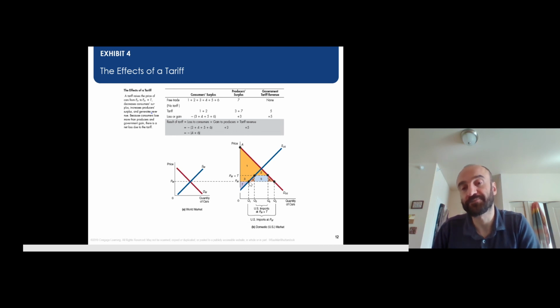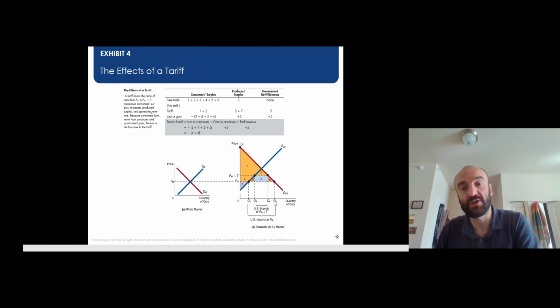Okay. So now what about demand? When you project the price line to the demand curve, you see the quantity demanded for steel in America is Q2. This is a very huge difference here. Much more steel is needed in America than American domestic firms can produce at a given low price.